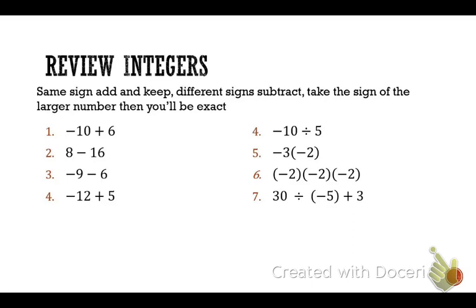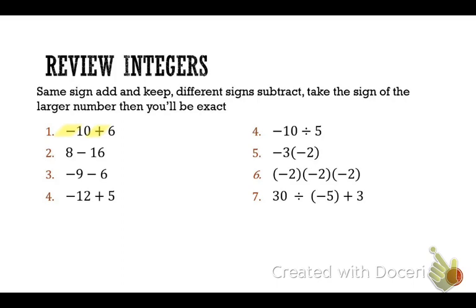All right, let's break it down. Same sign. Every number has a sign, and it's in front of the number. So 10 is negative. 6 is positive. So I would say this is different sign. Different sign, subtract. So I subtract these numbers from each other. What is 10 minus 6? 4.